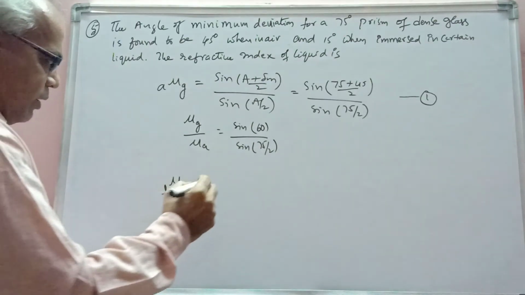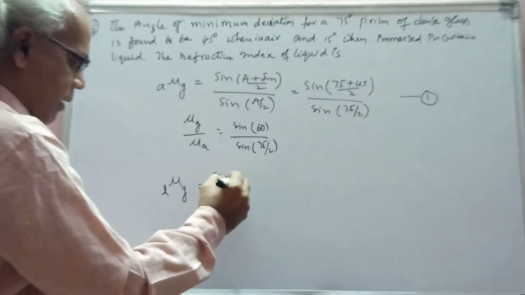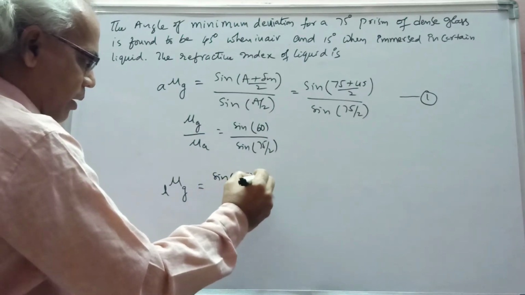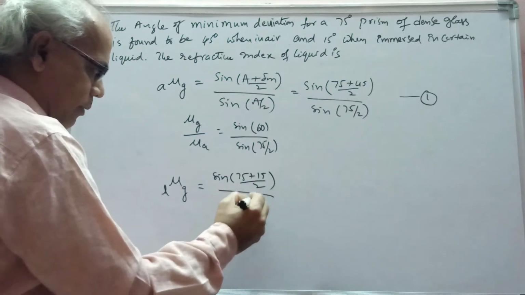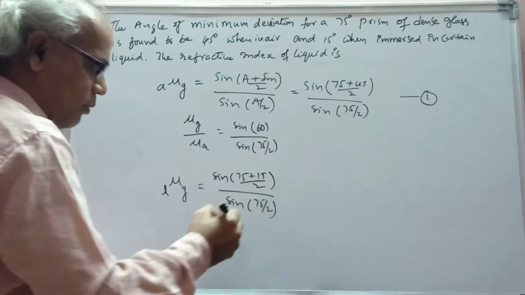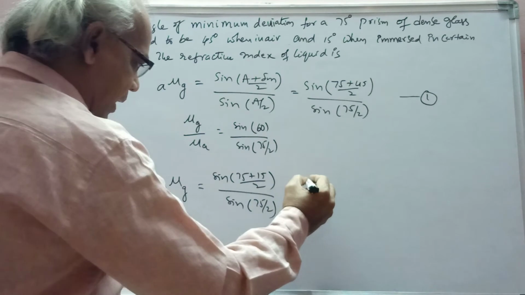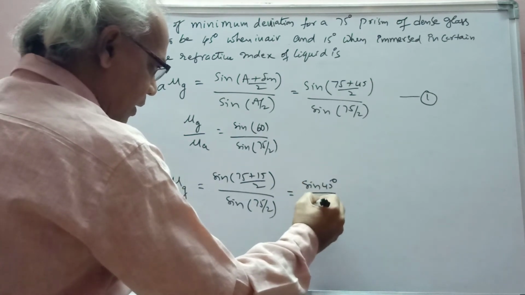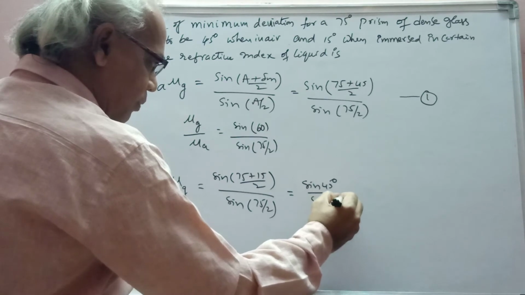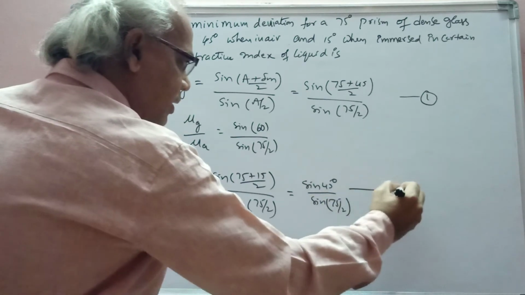So L mu G is equal to sin of (75 plus 15) by 2 by sin 75 by 2, which is equal to sin 90 by 2, that is sin 45 degree, by sin 75 by 2. It is equation number 2.